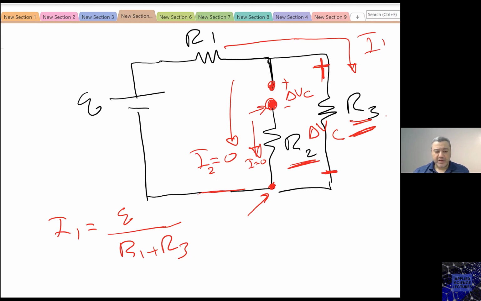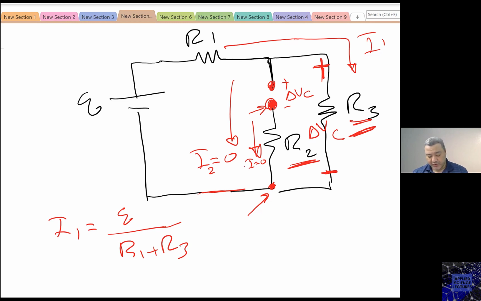Item 4, the switch is closed for a long time, then opened again. So the switch was closed for a long time and then opened again. Which diagram would be equivalent just after the switch is open again? So this is very important.